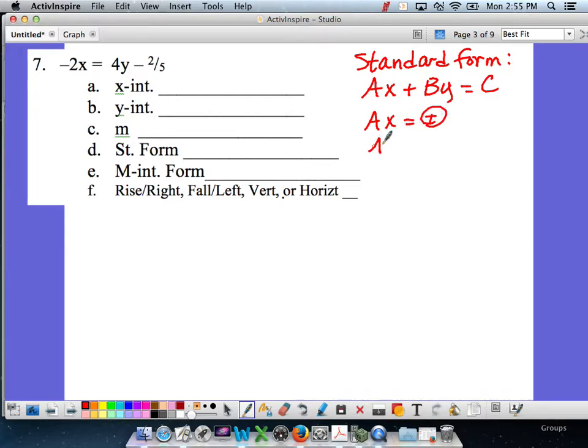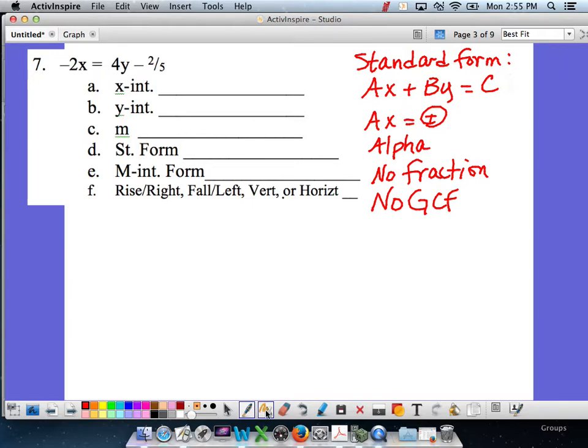It's in alphabetical order, just like this. There are no fractions, and there is no greatest common factor. So there were these four rules that we had to apply to standard form: no fractions, x is going to be positive, no greatest common factor in the end result.